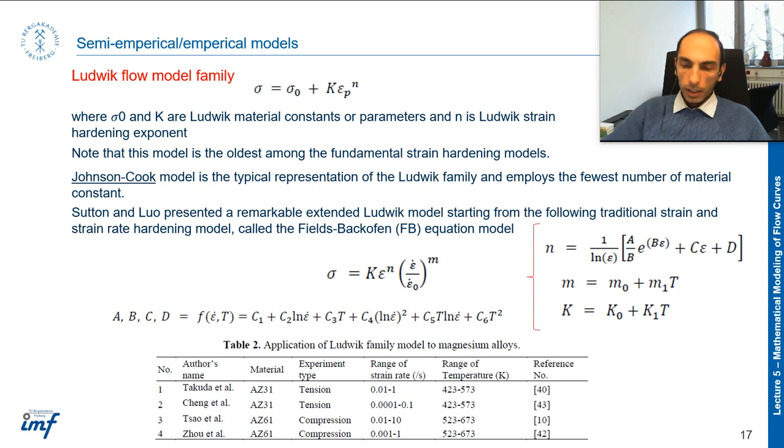Later I will show it on a graph. We will talk about the accuracy. And these are some other researchers who have developed their models based on this Ludwig model. So we cannot say that they have developed a new model, but they have developed a modified Ludwig model.